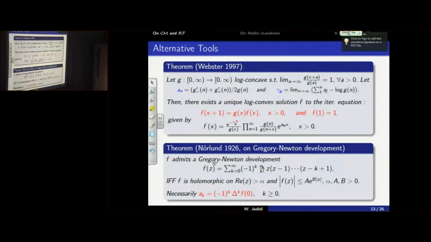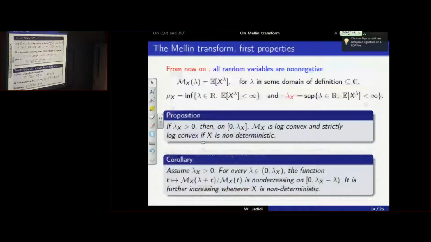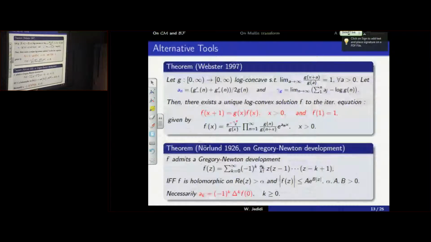Then these tools plus some additional tools allowed us to solve this natural equation. And now we finished with the purely analytical part, and we will go to the more probabilistic oriented part of this work.